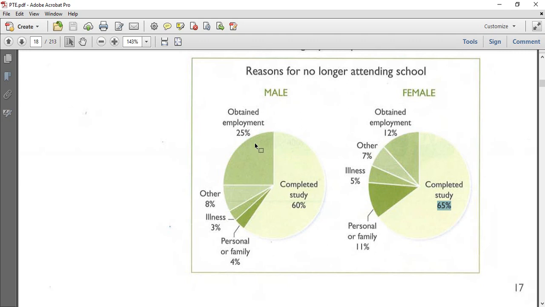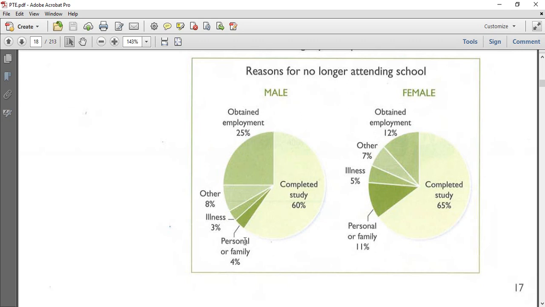And we can see that there is a big difference, I think, because of employment, which is much higher for male than female: male is 25%, while female is only 12%, which is half of the percentage for the male.